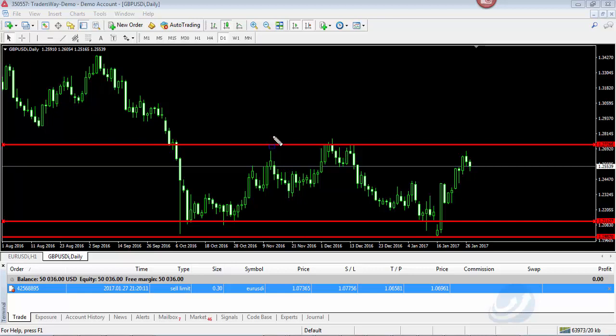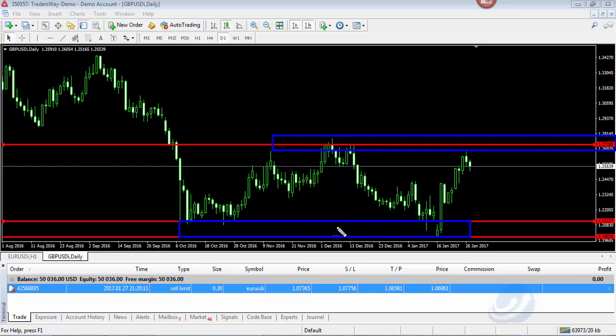What we're looking at is a zone area where, anywhere within this zone, the market is going to react and we could get a reversal. So we look at this entire area as a zone point. Inside here is where we're looking to find support.